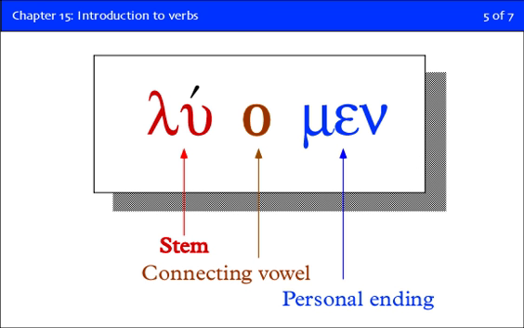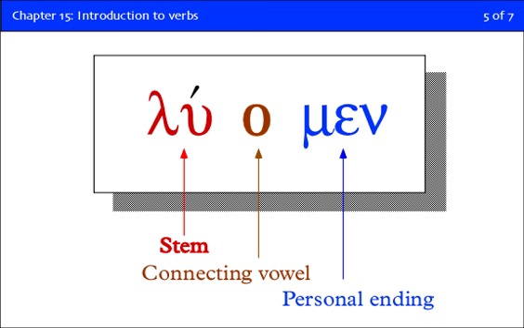Well, in a sense, they form them the same way that they do nouns. In other words, they start with the basic stem of the word, and then they add stuff to it. Now, in this example, you don't have to memorize this, but it's just an example of how Greeks construct a verb.